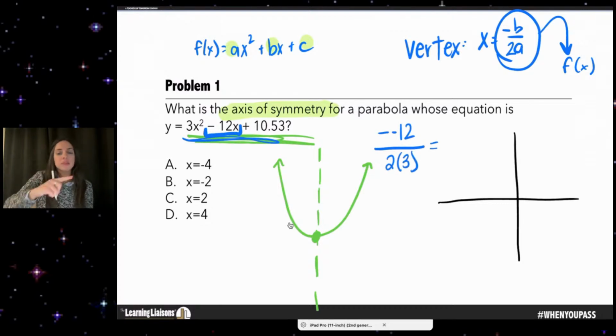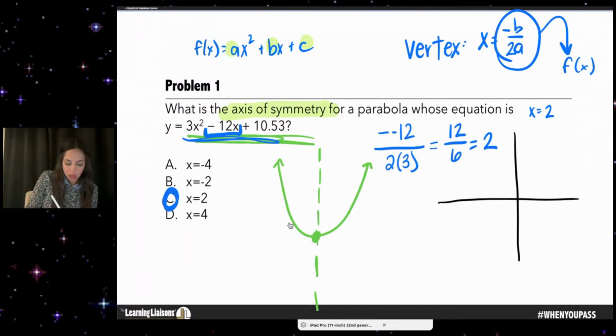Negative 12, negative times a negative is a positive, over 6. 12 over 6 is 2. So the x value of my vertex is 2, which means that the x value of the axis of symmetry is also going to be 2. I almost just plugged that 2 back into my equation for no reason.